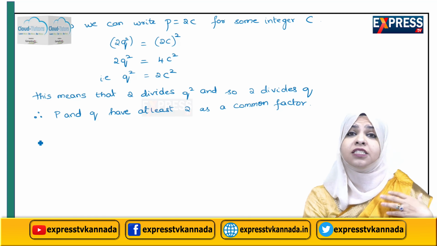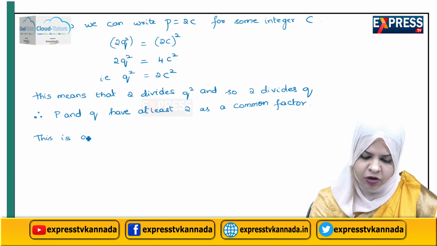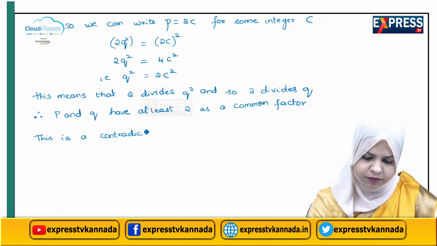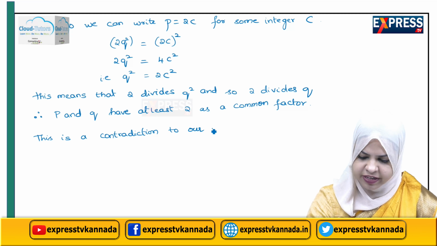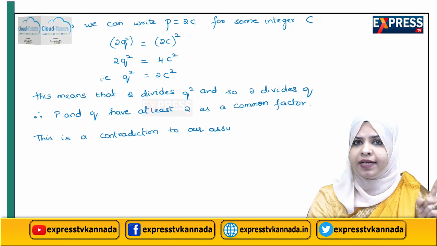So, but this is a contradiction, right? This is a contradiction to our assumption, where we said that they are co-prime, that is they have only one common factor, that is 1.